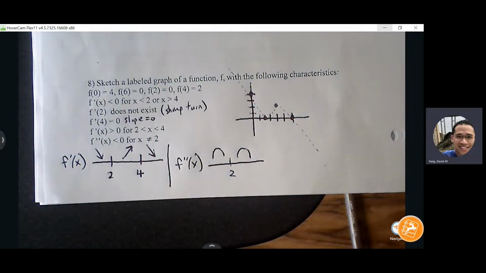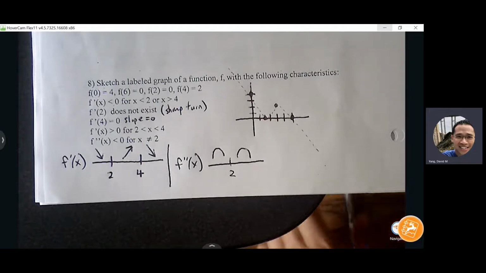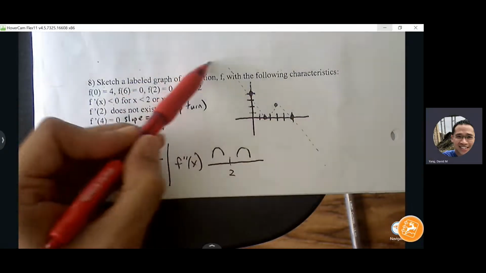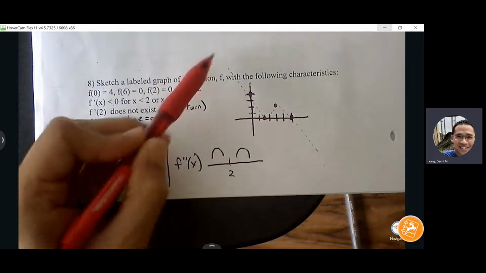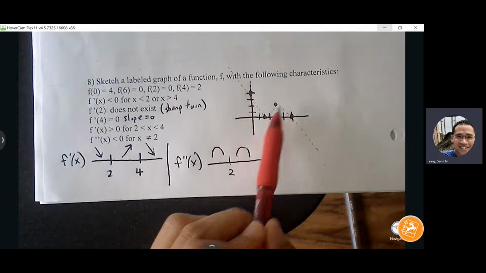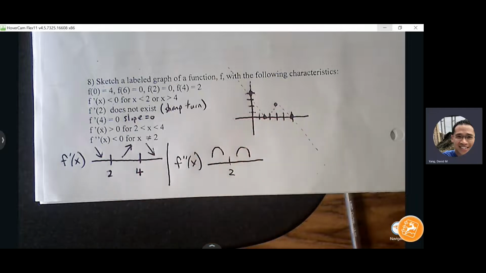I'm not going to create a new path. I'm just going to follow along the path and give it some cleanup efforts. Okay, so decreasing, I'm connecting the dots here, just going through those points. Decreasing to 2, increases to 4, decreases past 4 forward to positive infinity.